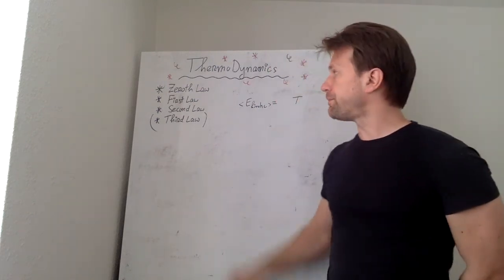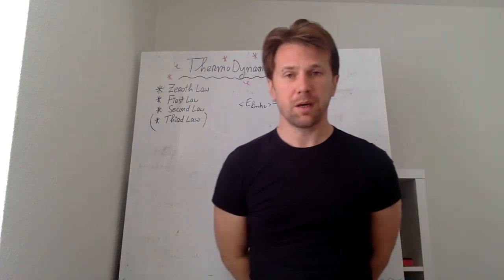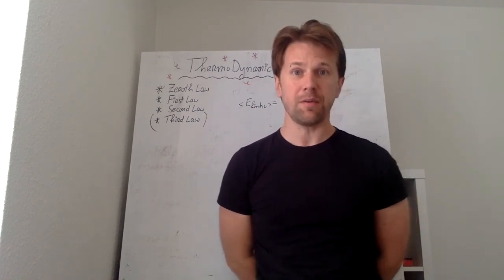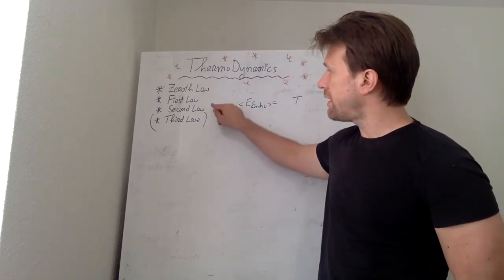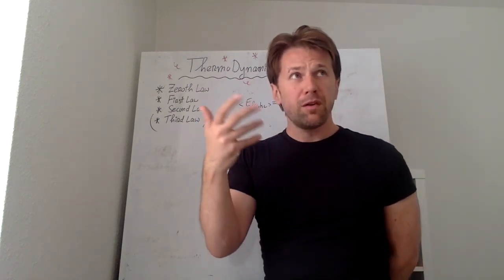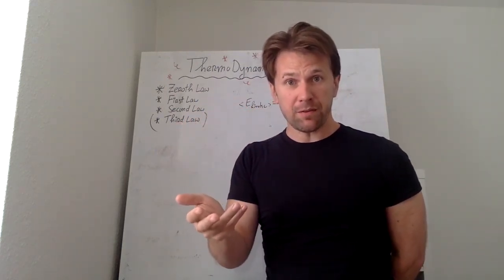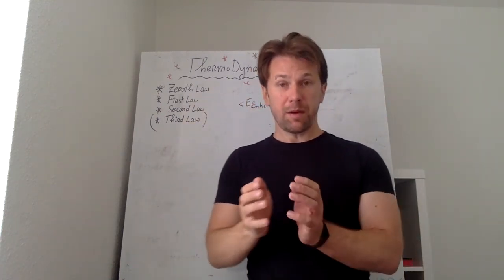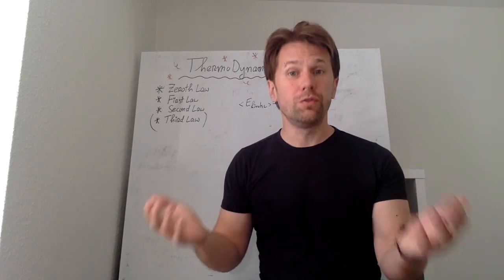Then there's a 2nd law. Here's where things become a little bit more abstract. So let me try again a 1-sentence summary. The 2nd law of thermodynamics tells you that there is a maximum amount of energy, this stuff that we defined in the 1st law, that you can use to do things.